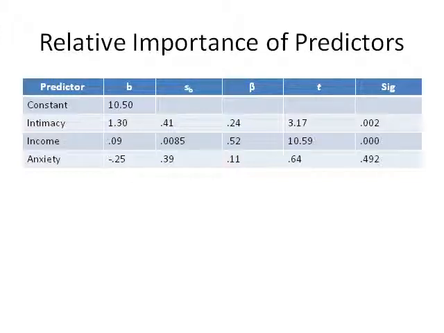In our example, intimacy and anxiety are measured on interval scales with different ranges, while income is measured in thousands of dollars. This problem is addressed when we compute the standardized partial regression coefficient because all predictors now share the same scale, which is the z-scale. Let's continue our discussion of beta in our next slide.